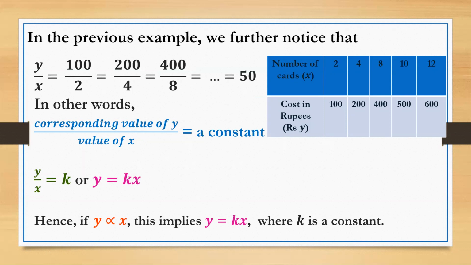Sometimes we also call k the constant of variation. So I repeat, this is very important. If y varies directly as x, then we will have y equal to kx, where k is a constant.